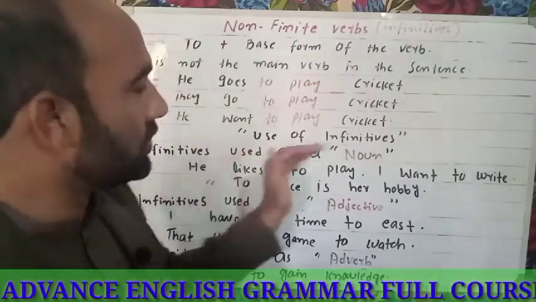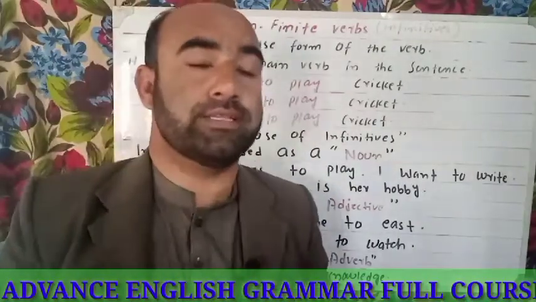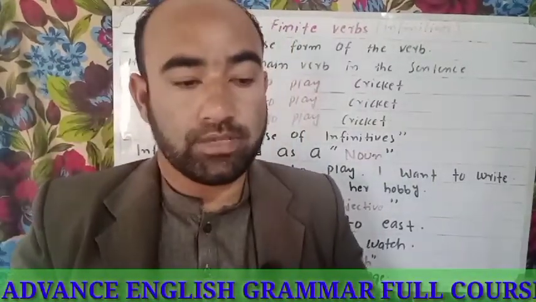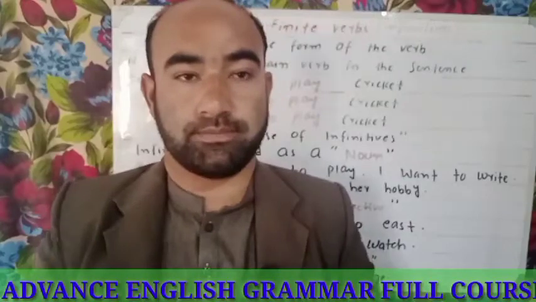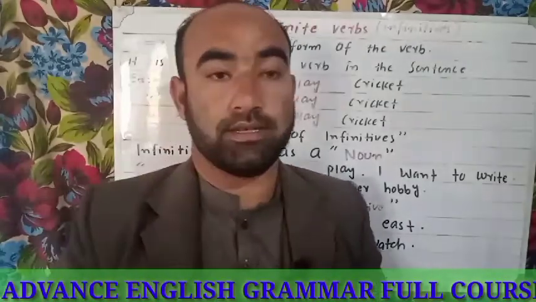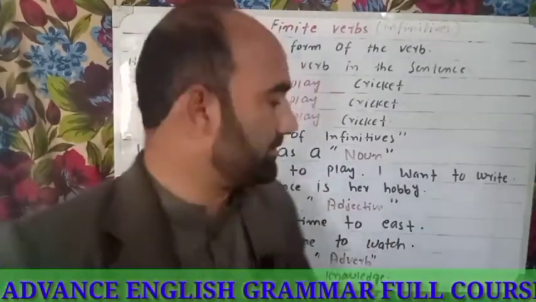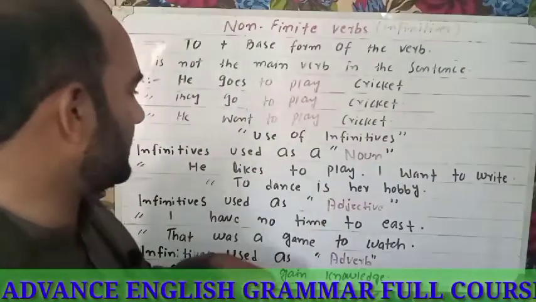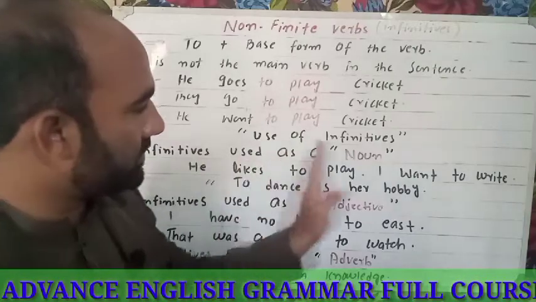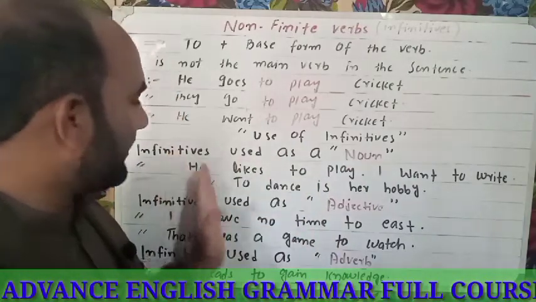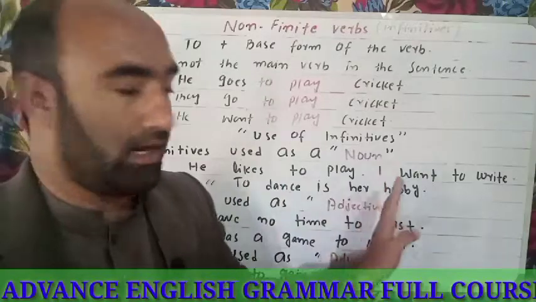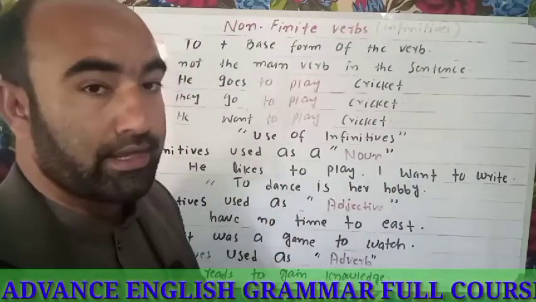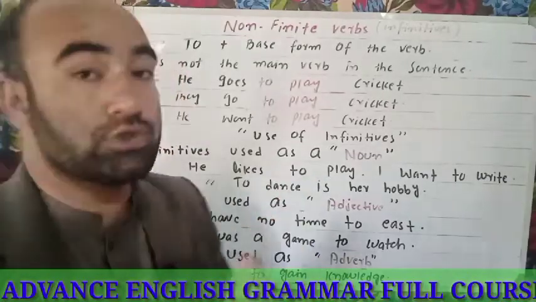Uses of the infinitives. The infinitives are used in three different ways. Sometimes they are used as a noun, sometimes as an adjective, and sometimes they give us the meaning of an adverb. Now let's talk about these three types. First, infinitives used as a noun. He likes to play. Look here: to play is not the main verb.